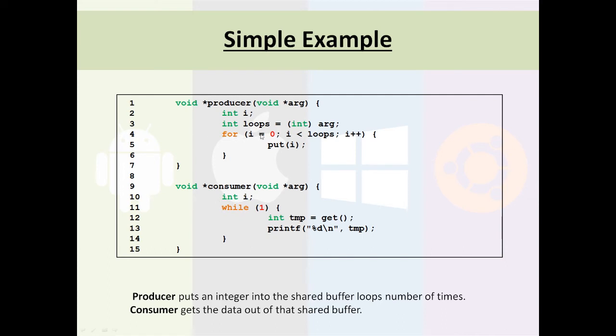So our producer is essentially just putting an integer into the shared buffer a set number of times based on some condition. And our consumer gets the data out of that shared buffer. So it basically loops infinitely, just waiting for information to be in the buffer.